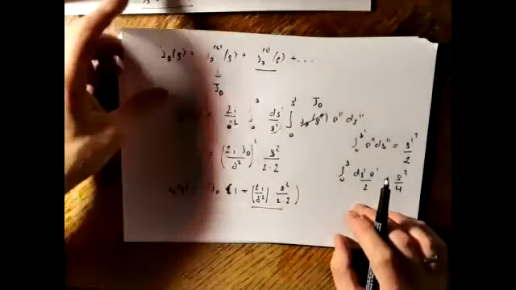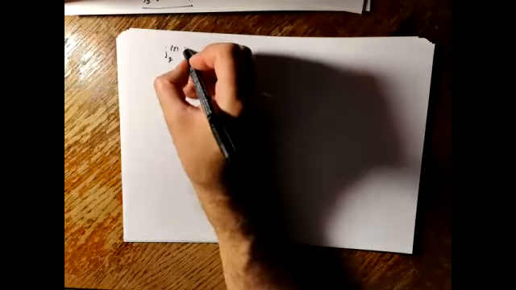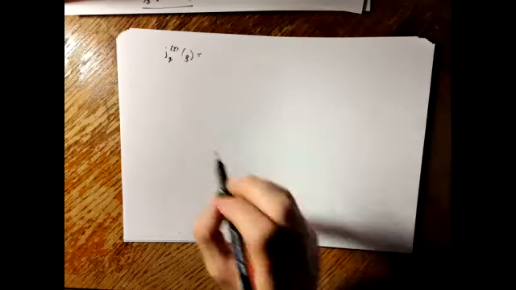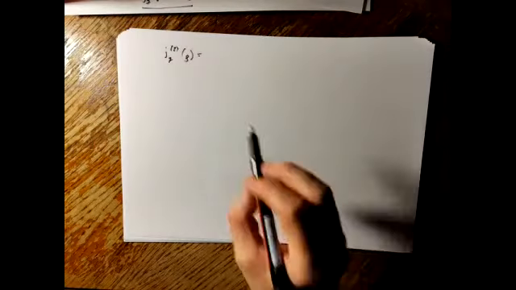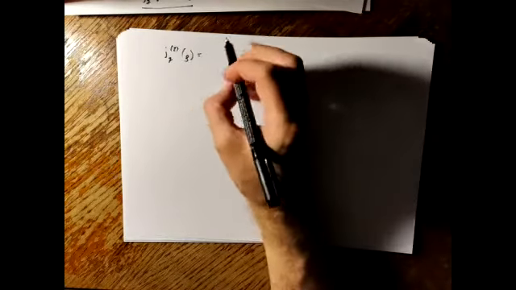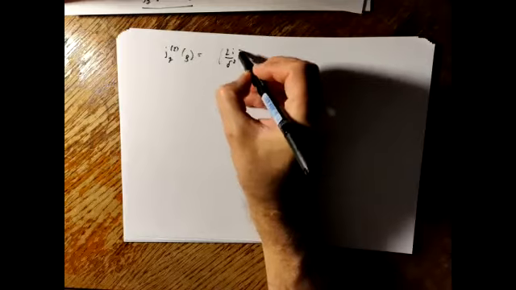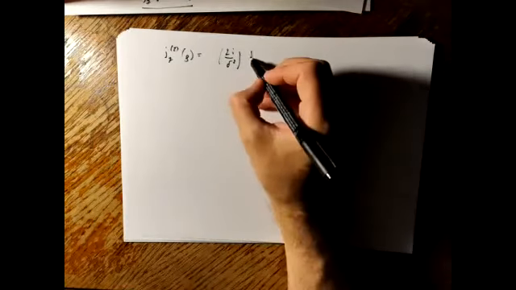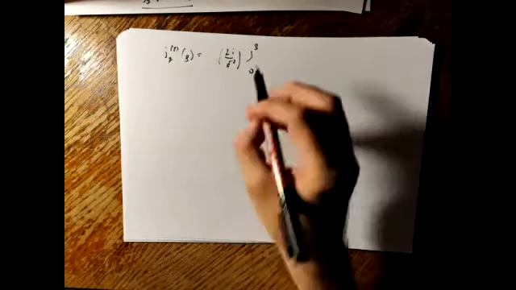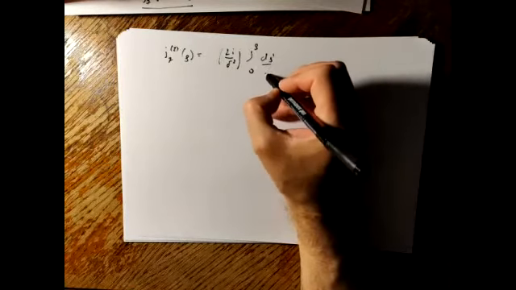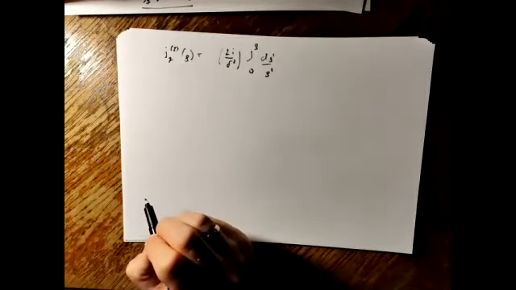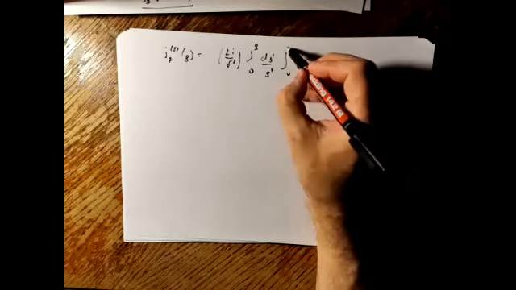In other words, to get what I'm calling the second order solution, I'm going to say this is 2I over delta squared, integral from 0 to rho, d rho prime over rho prime, integral from 0 to rho prime.